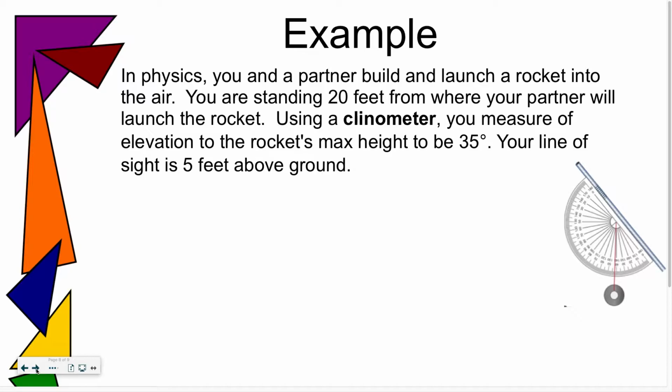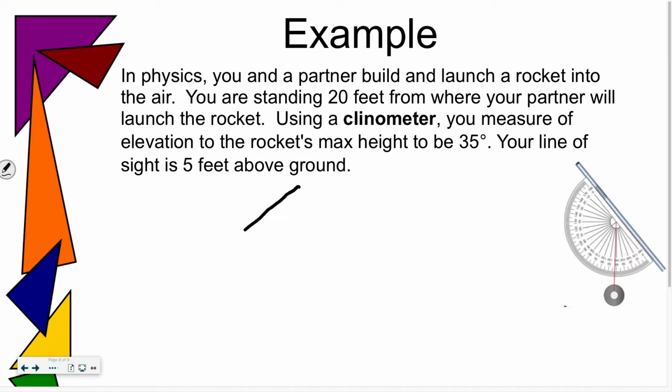Yeah, you're right. But you have to be 20 feet. The total has to be. Yeah, I don't think 5. Your line of sight is 5 feet above the ground. It's above the ground. So 5 feet.